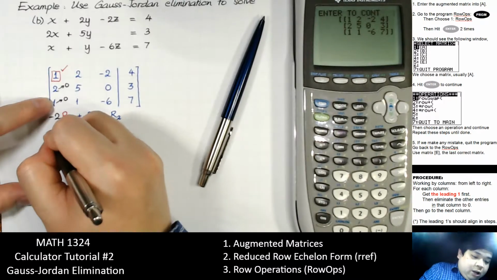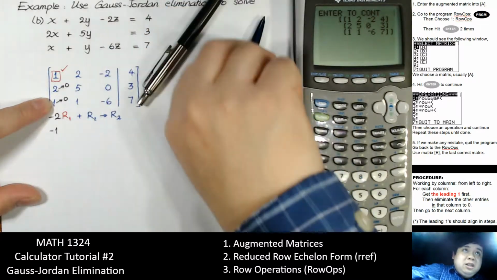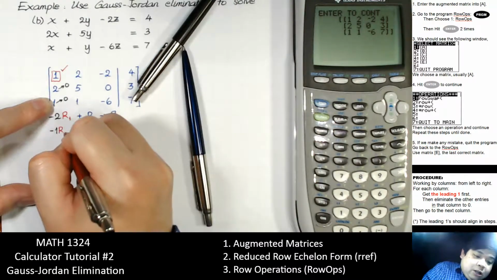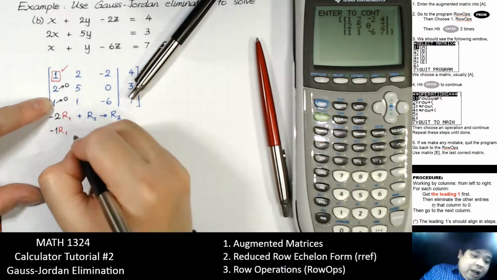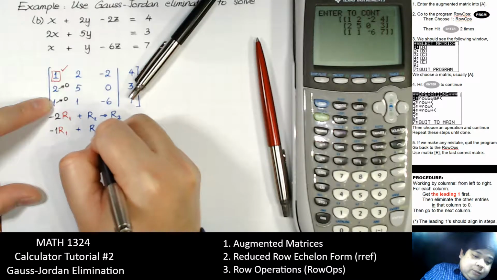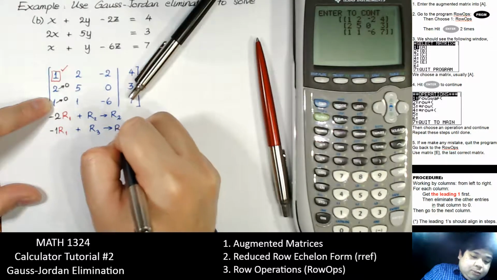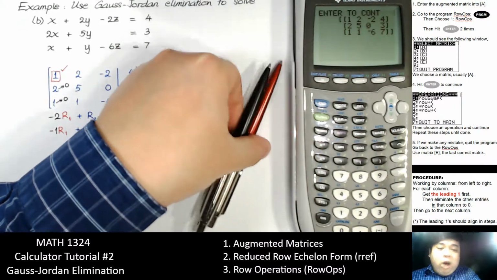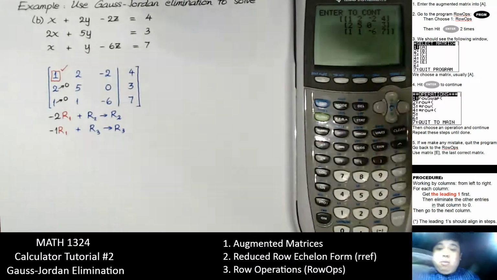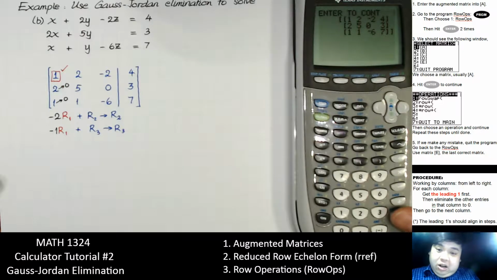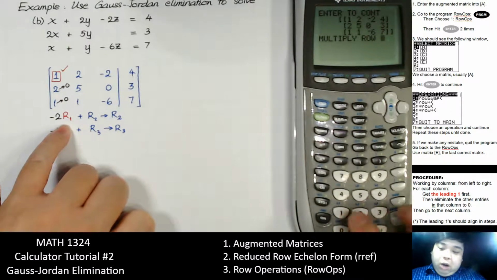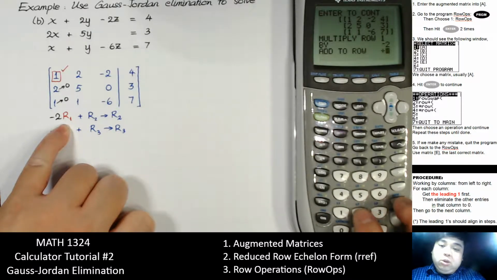Use -1, the opposite of that, times row 1 that has the leading one. Add and replace to row 3. Store to row 3. Usually we can write more than one operation at a time, but the calculator can only do one at a time. So option number 4, we multiply row 1 by -2 and then add to row 2.